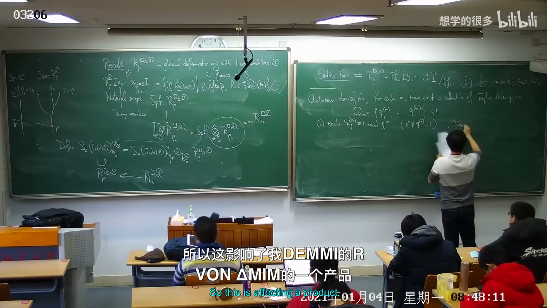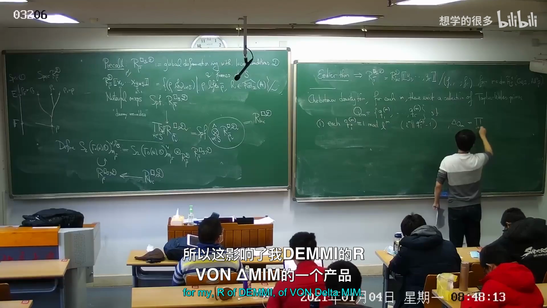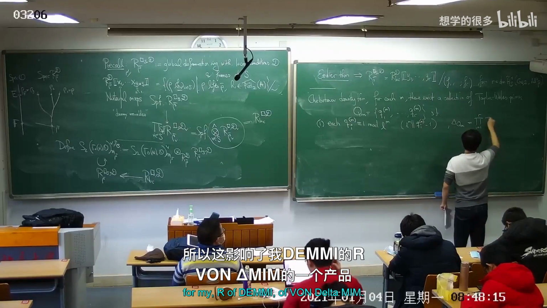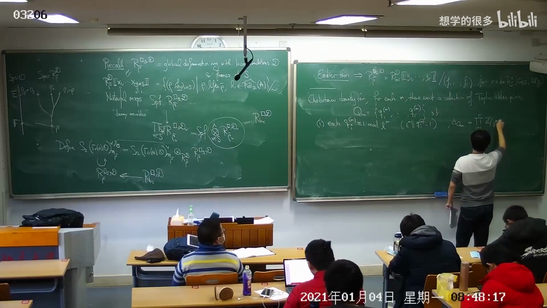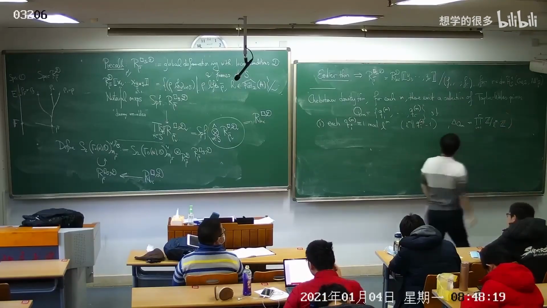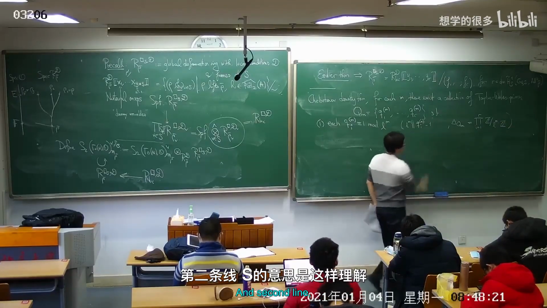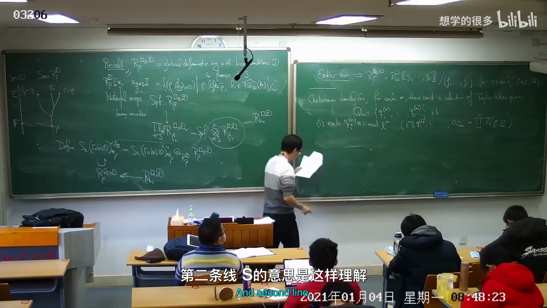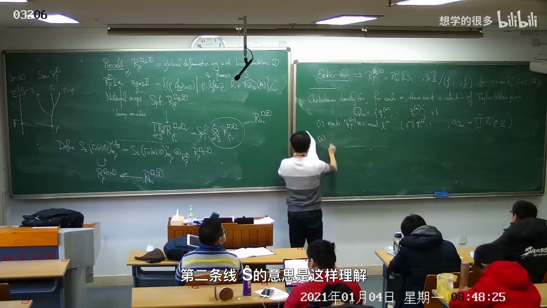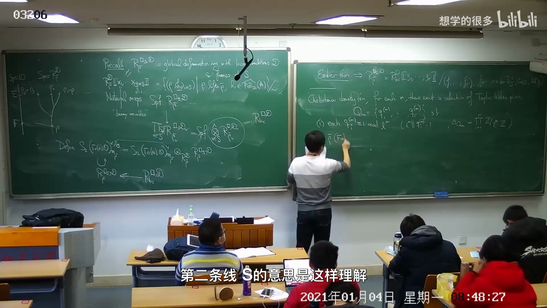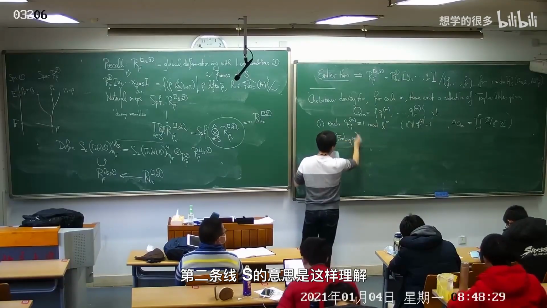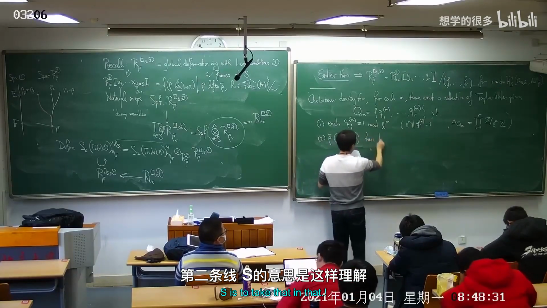So this is the same thing as the product over V mod L to the Mi. This was the delta. And secondly, rho bar of Frobenius of Qi has distinct eigenvalues.